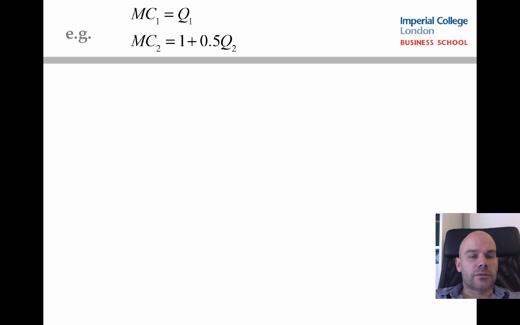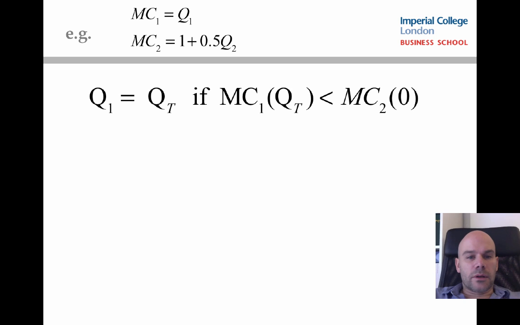If we have these two curves, we have seen that the first thing we have to check is that it doesn't make sense to produce everything in just one plant. This would mean that Qt is just equal to Q1.